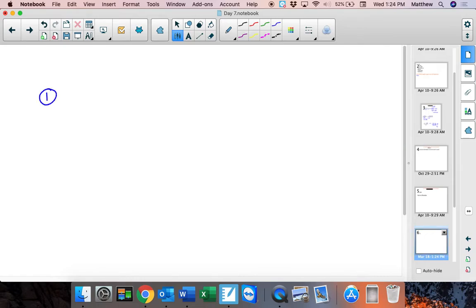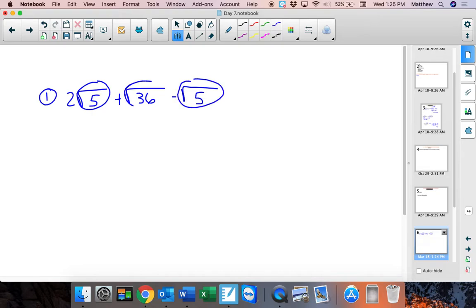So number 1, and you can write this down too, 2 root 5 plus root 36 minus root 5. I notice that this radical is simplified. So is that. This radical is not. Square root of 36 is 6. So let's rewrite it as 2 root 5 plus 6 minus a root 5.